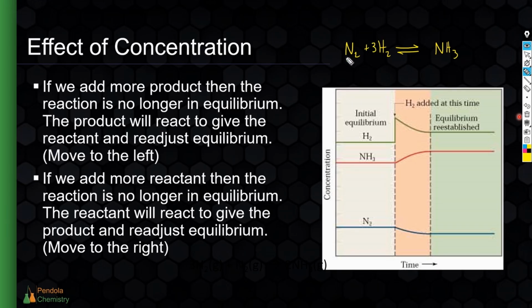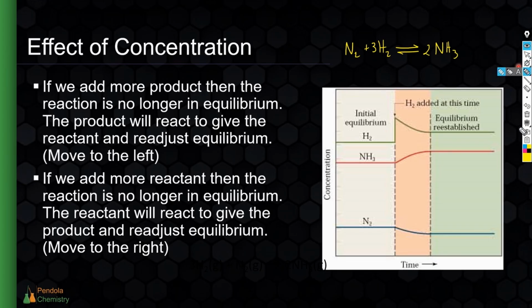Three hydrogens react with one nitrogen to create two ammonia. This reaction is at equilibrium, right? Hydrogen, ammonia, and nitrogen concentrations are constant. But let's say we grab this mixture at equilibrium, and we add hydrogen to this mixture.